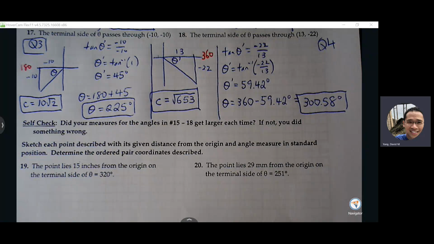If the reference angle is a negative, you just take the positive version of it, yeah.